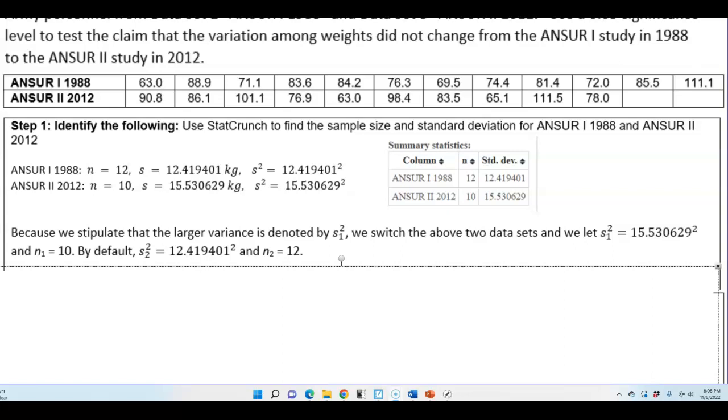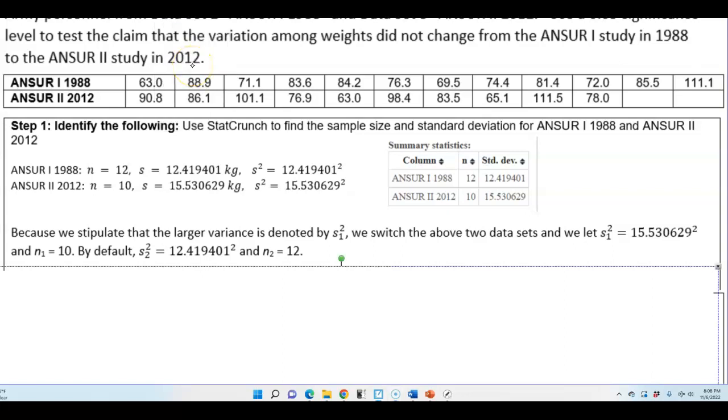We let variance 1 equal 15.530629 squared, and n1 equals 10, and by default sample variance 2 is 12.419401 squared, and n2 is equal to 12.